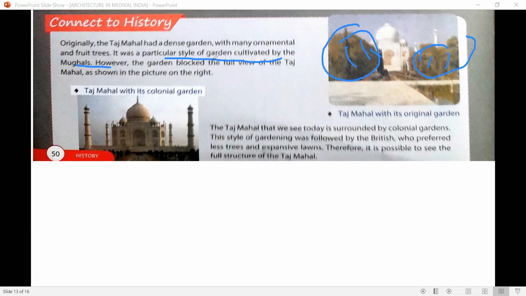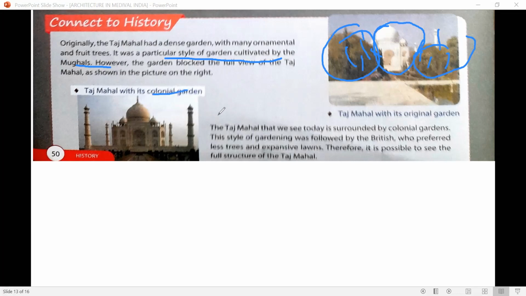The garden blocked the full view of the Taj Mahal, as shown in the picture. We can see only this part; the four minarets are not visible, and it does not show the full view.